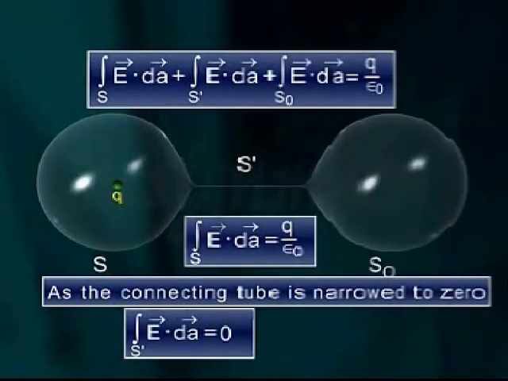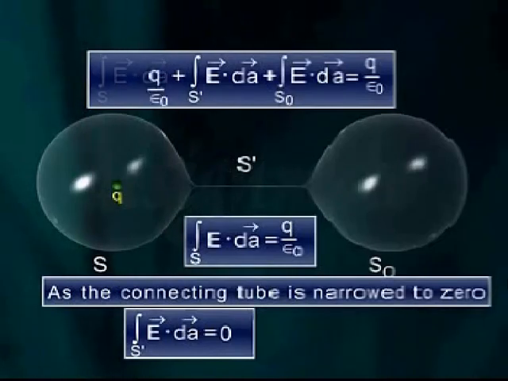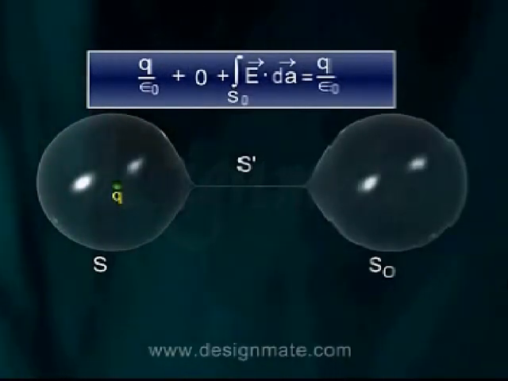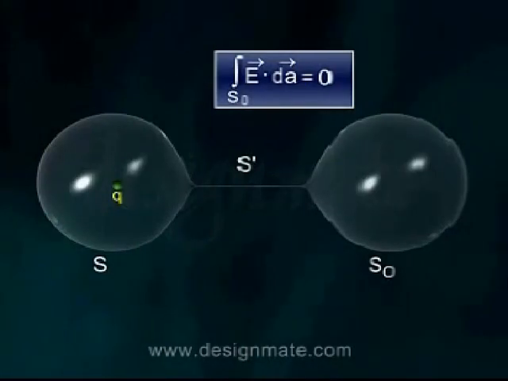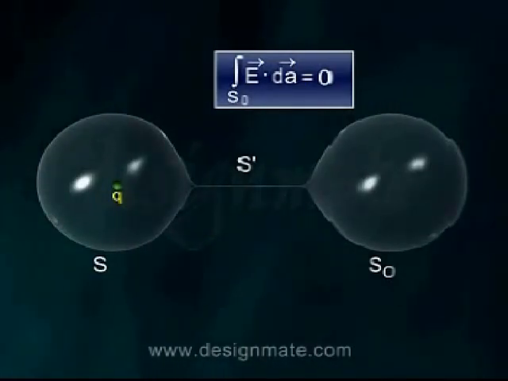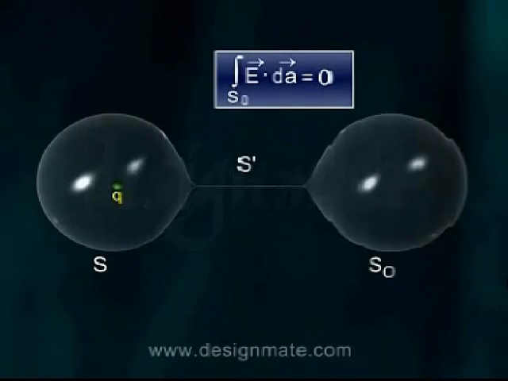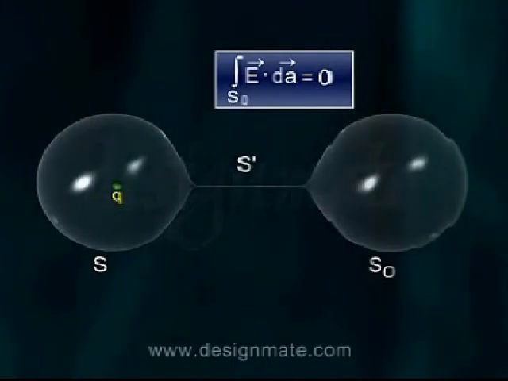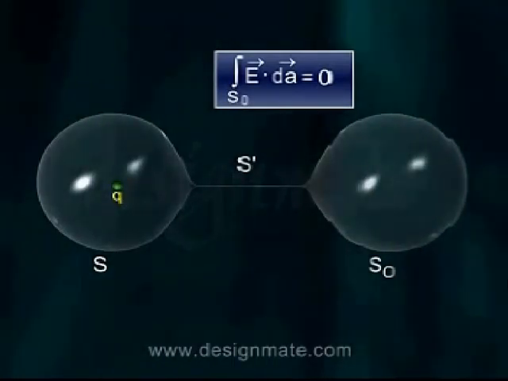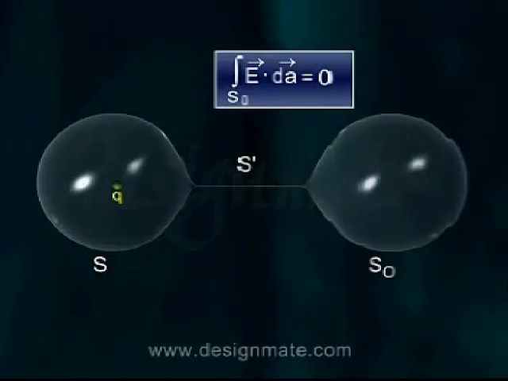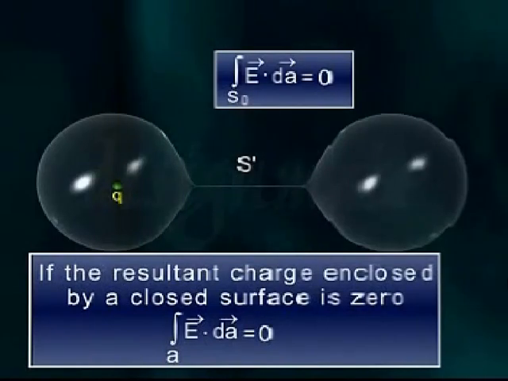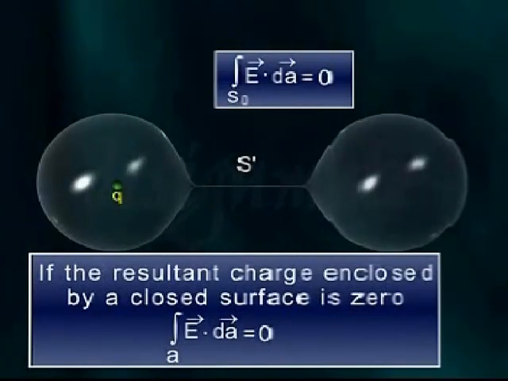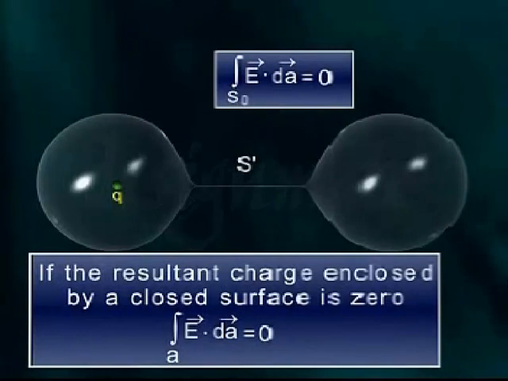In such a case, in the equation, integral S0 vector E into vector dA is equal to 0. If the resultant charge enclosed by a closed surface is 0, then integral vector E into vector dA is equal to 0.